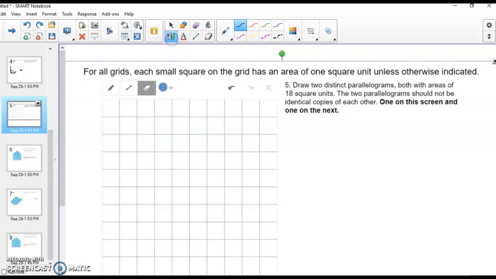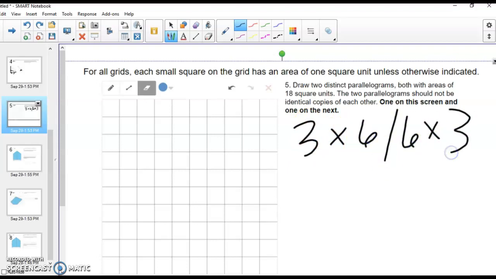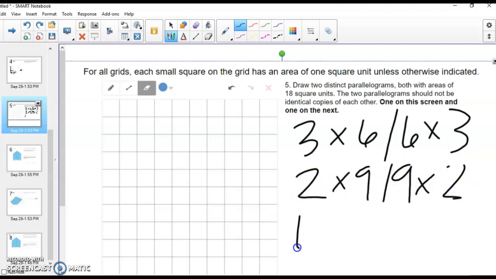And given that, we could do a 3 by 6 or a 6 by 3. We could also do a 2 by 9 or a 9 by 2, or we could do a 1 by 18 or an 18 by 1.